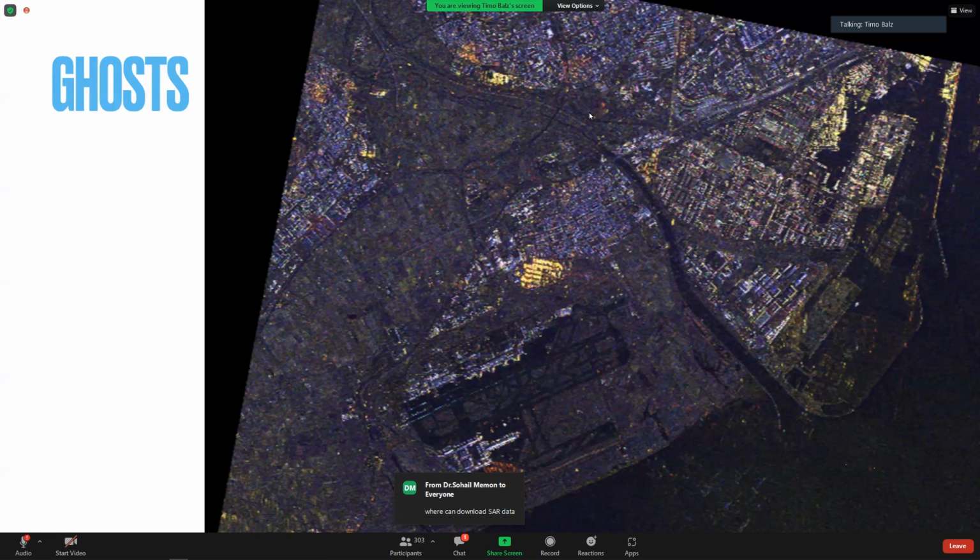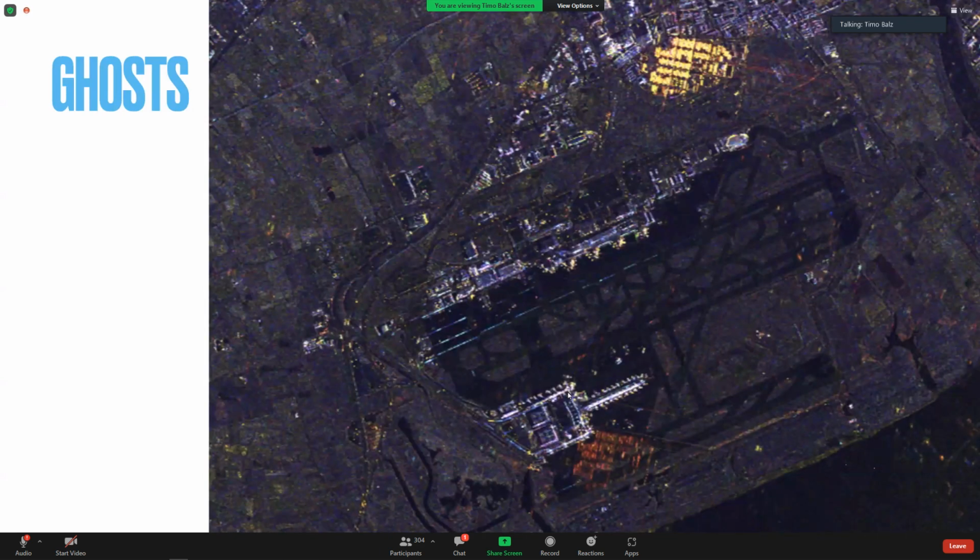Now, how do I say? After we identify that, we can say, okay, this is just some SAR effect. But this is the source area where it comes from, and it can be very annoying, right? If you think about it, if you write some application, if you write some tool, if you work on target detection or classification.